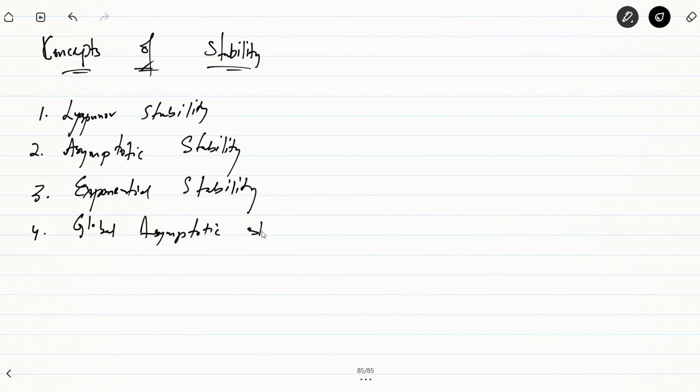We'll be looking at them through the perspective of a nonlinear system, and we'll be understanding how a nonlinear system can be defined to be stable or not through these different stability criteria.